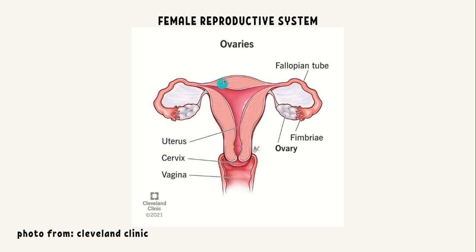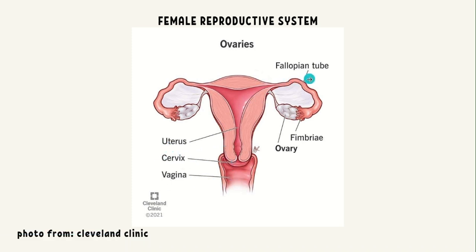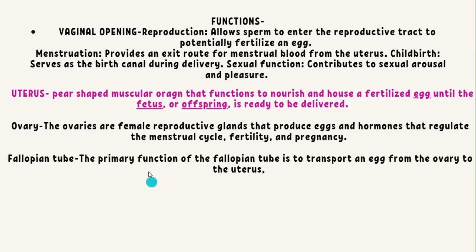But basically, this is the ovary and this is the fallopian tube. You don't really have to necessarily know the fimbriae, but everything else, the vaginal opening, the cervix, the uterus, the fallopian tube, and the ovary, I would suggest you draw this, or at least have a mental representation in your mind of how it exactly looks.